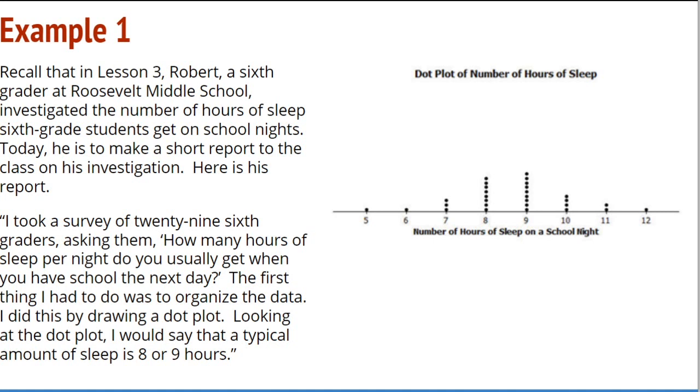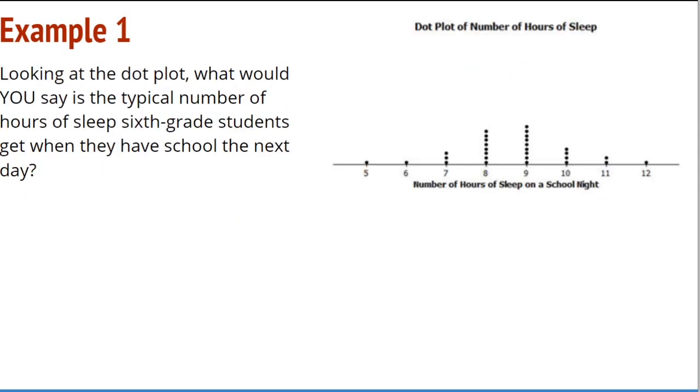So he has presented his data collection project here, and he has made the analysis. He has said typical is 8 or 9 hours. Looking at the dot plot, what would you say is the typical number of hours of sleep 6th grade students get when they have school the next day? So take a look and see if you agree with Robert or if you disagree with Robert.